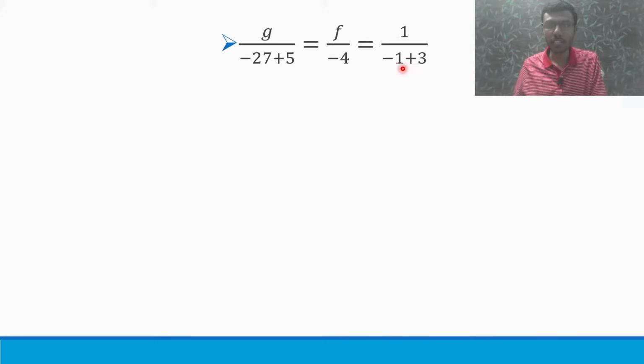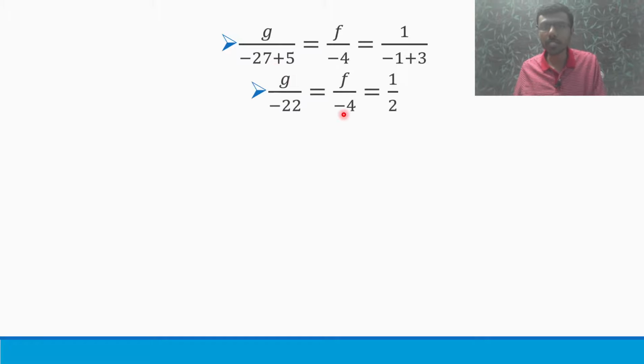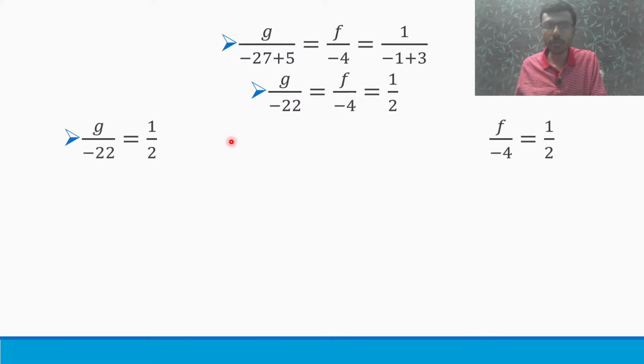Now -27 plus 5 is -22. So g by -22 is equal to f by -4 is equal to 1 by 2, because -1 plus 3 is nothing but 3 minus 1. Now you can take it in two parts, g by -22 is equal to 1 by 2 and f by -4 is equal to 1 by 2, so that I can get g and f simultaneously.